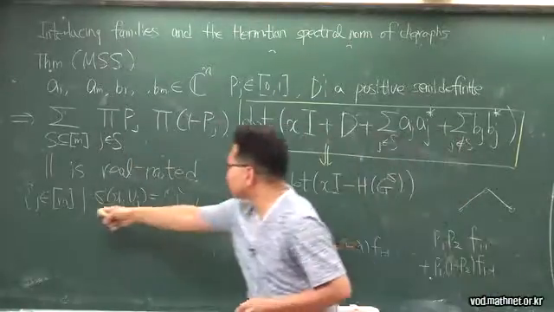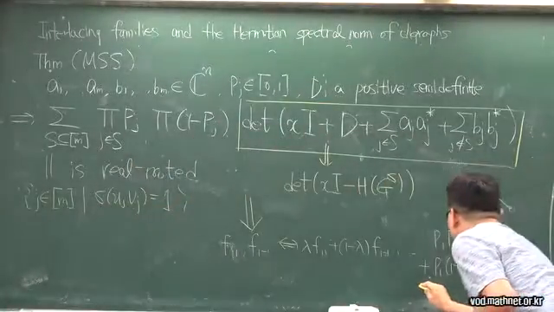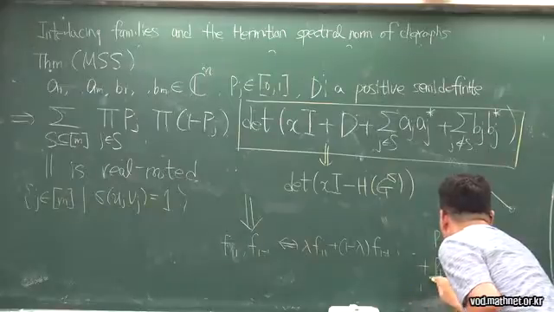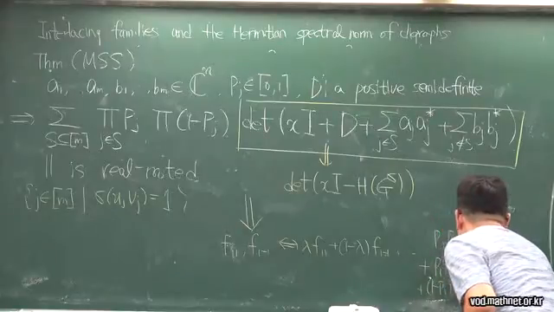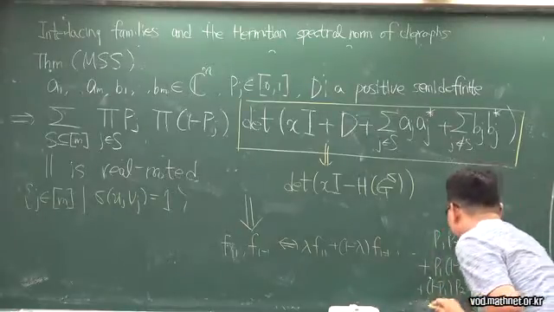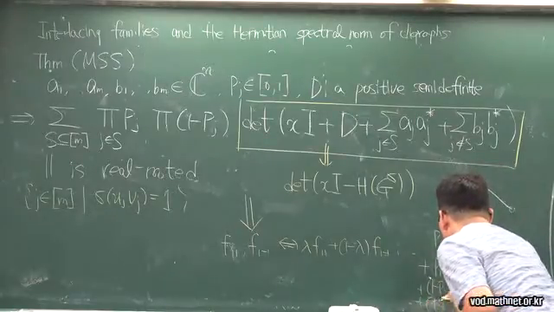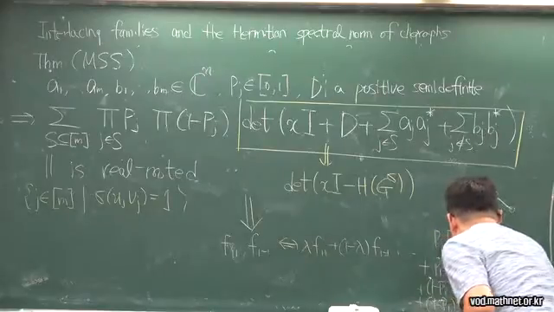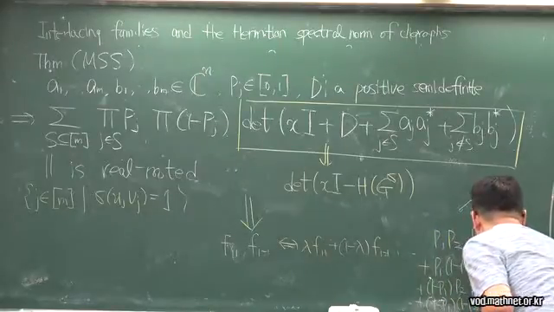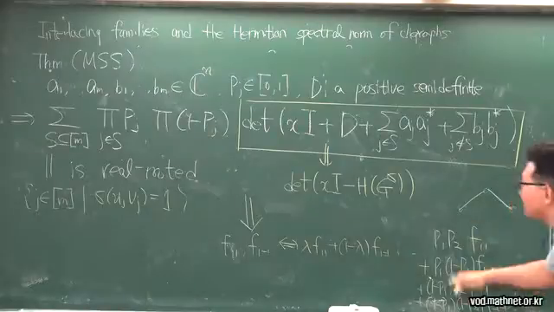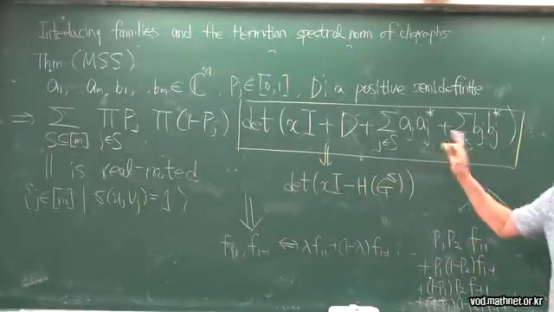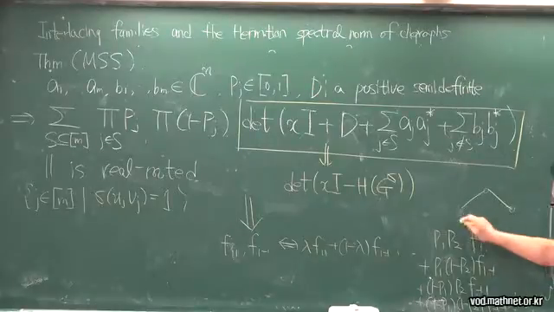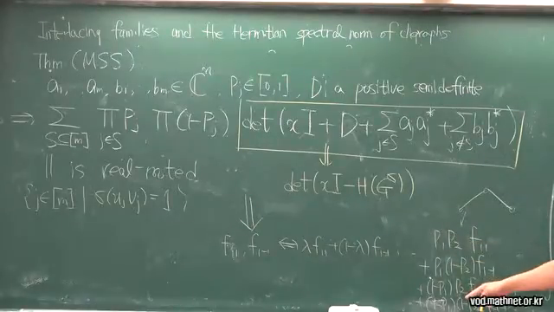And plus 1 minus P sub 1 and P sub 2 times F minus 1,1, and 1 minus P sub 1 and 1 minus P sub 2 times F minus 1,minus 1. So the sum of all things is also real rooted by this theorem. And then you need to find appropriate values in here.